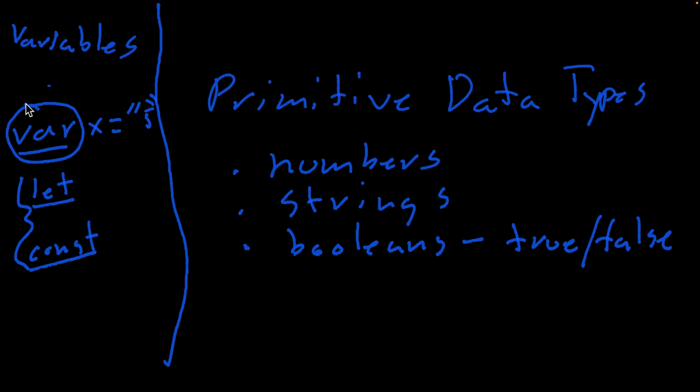What's a non-primitive data type? Arrays. Right, and why?